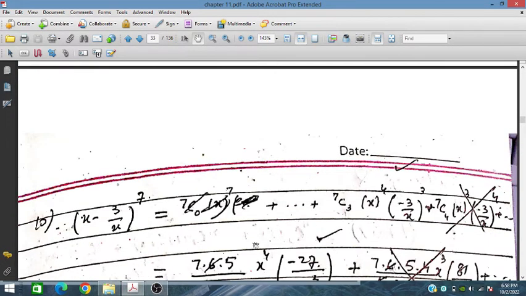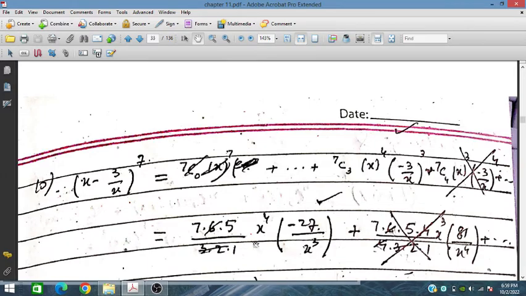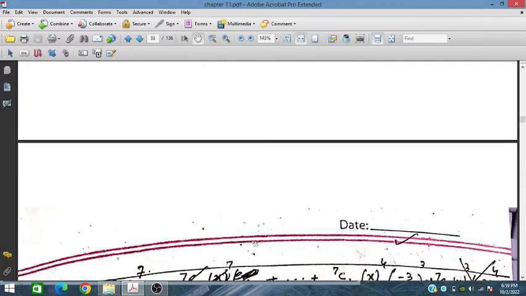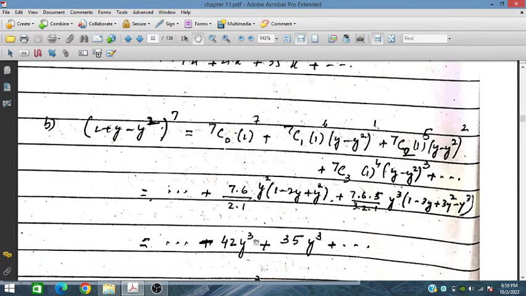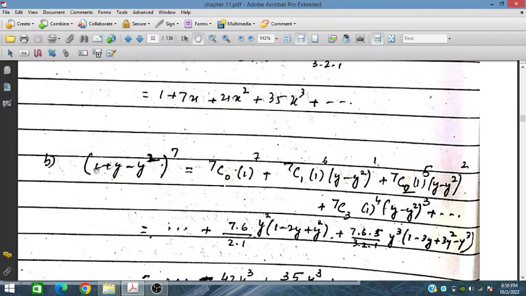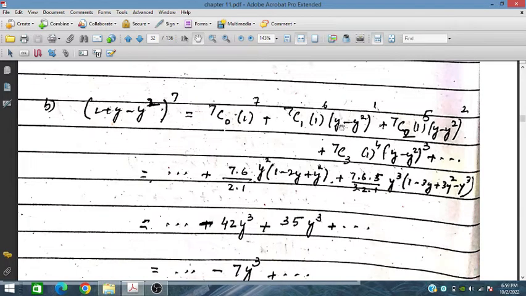Similarly for the problem number 10, very typical one. This is A, and y minus y square is considered as B. Okay, so we have to go for the terms where we have y power 3.